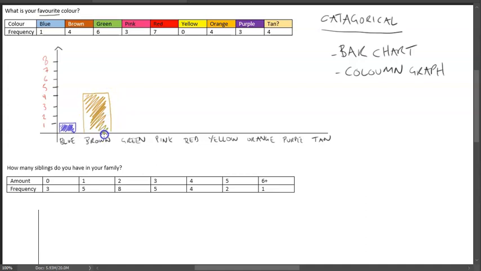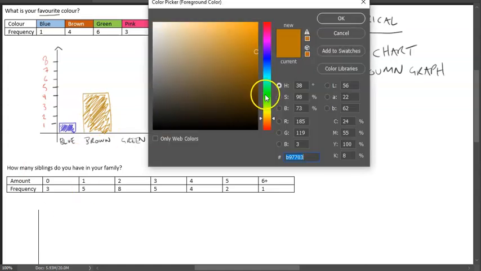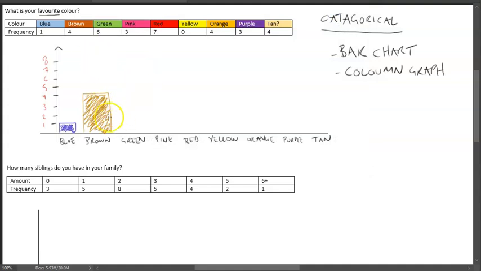One of the biggest characteristics is that I've purposely left a space between blue and brown. When we're dealing with categorical data and we pop it into a bar chart, we always leave spaces. When it comes to numerical, we don't, but we always leave spaces for categorical data. This is a big feature, if not one of the biggest features for bar charts.